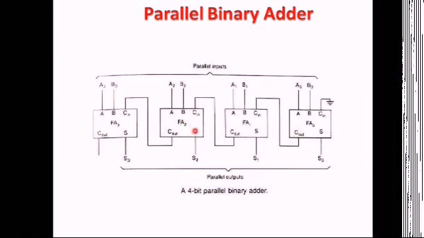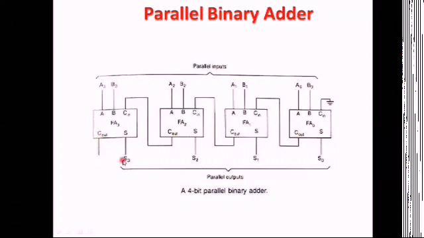This is the output, it is S2. Next, this Cout is going as the carry in the next full adder, that is FA3, and there are two inputs, A3, B3, and the ultimate output is S3, and this one is the Cout. This is the ultimate carry.